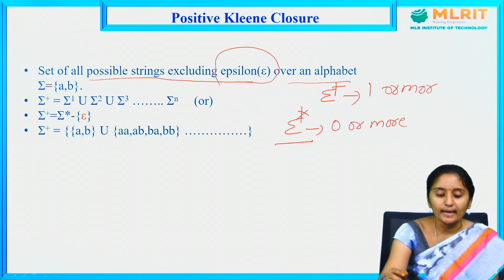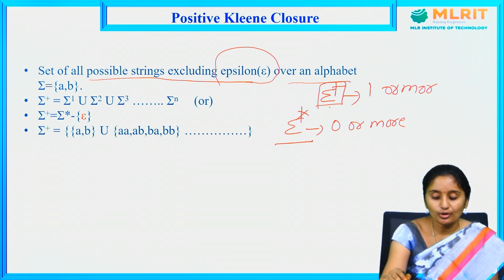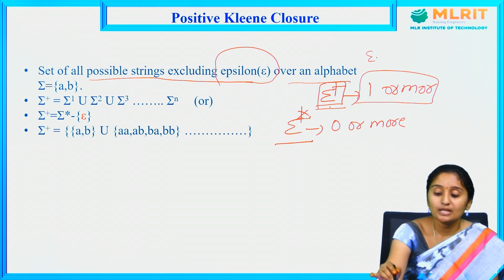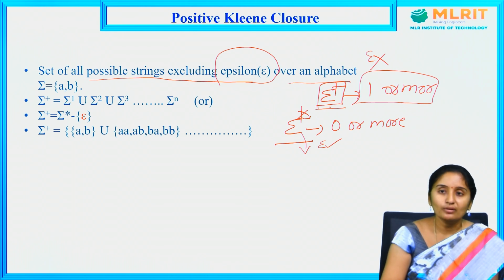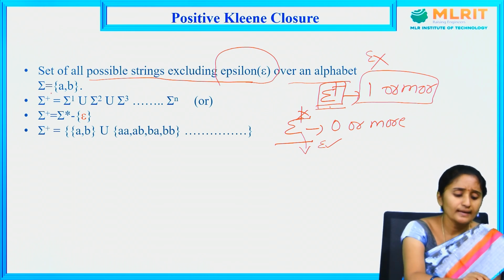That is the main difference between Kleene closure and positive closure. The plus represents positive closure and star represents Kleene closure. Sigma plus is positive closure, where we exclude epsilon, while in Kleene closure we include epsilon.